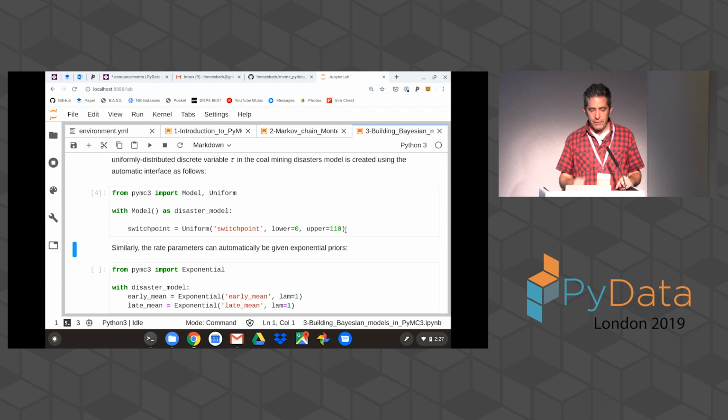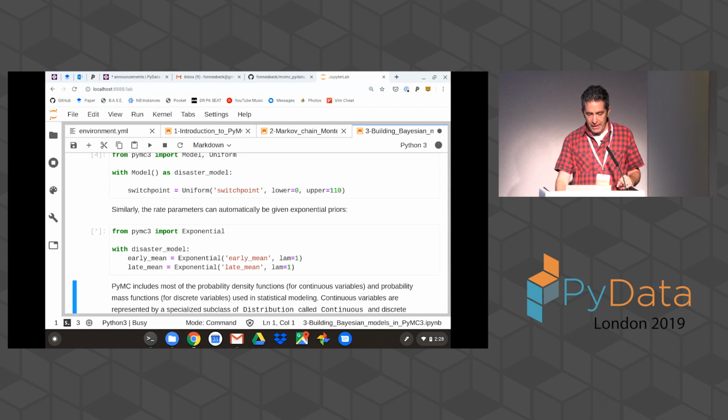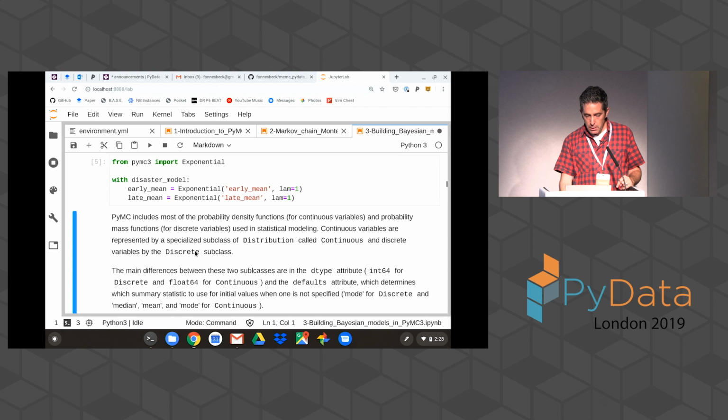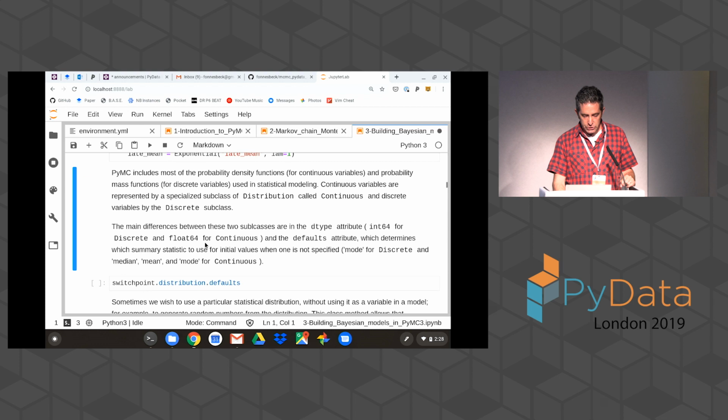So this will create a free random variable object, and it will associate it with this model. All right, and in a similar fashion, we're going to do the same with the exponentials. All right, so we have 3 free random variables. PyMC includes most of the probability distributions that you would want, but it's easy to add custom ones if you need to. I'll show you how to do that in just a second.